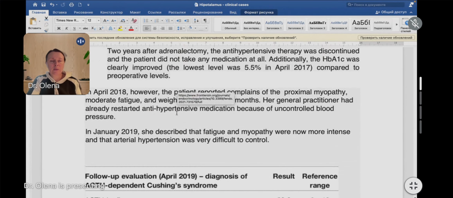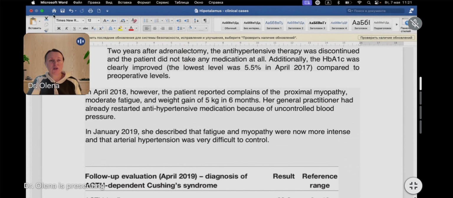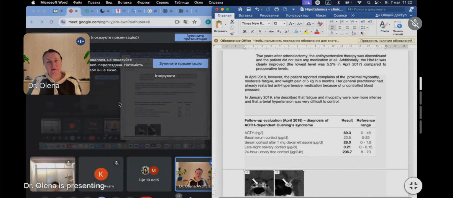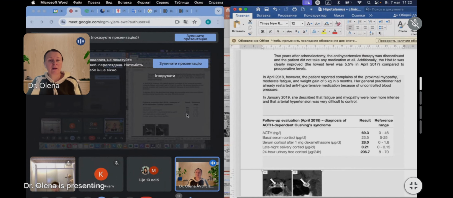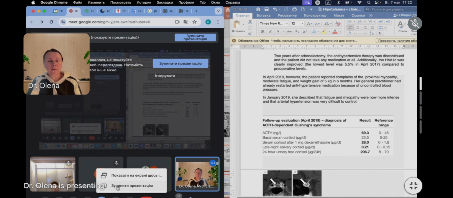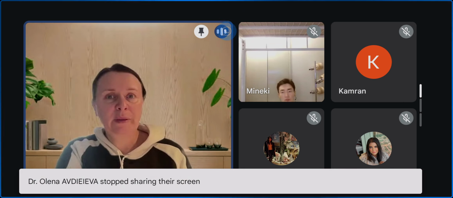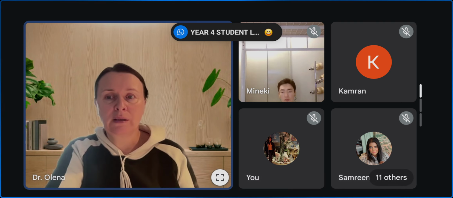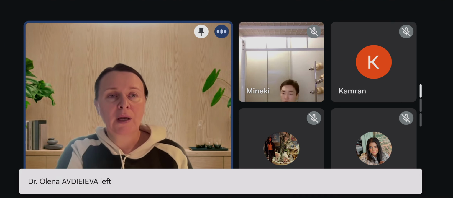So in one case, we discussed the situation with Cushing syndrome and Cushing disease, differences in hormonal level, ways of treatment and the diagnostic process.